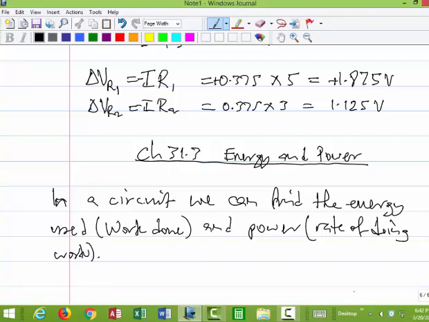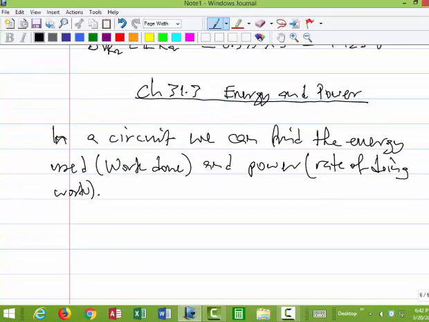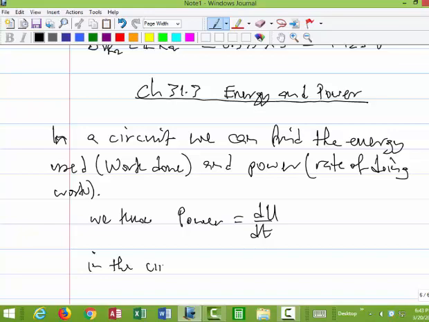We'll use our basic definitions of energy and power as we go along. So we know that the power is equal to the rate of doing work, which is the rate of energy use. So in the circuit below, I'll just use this circuit here.